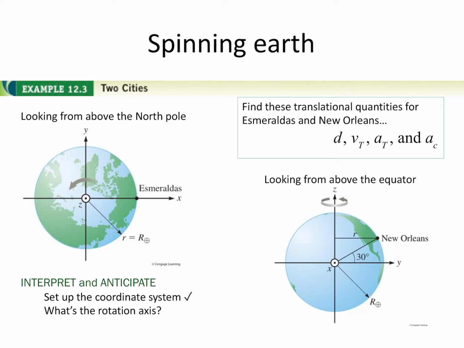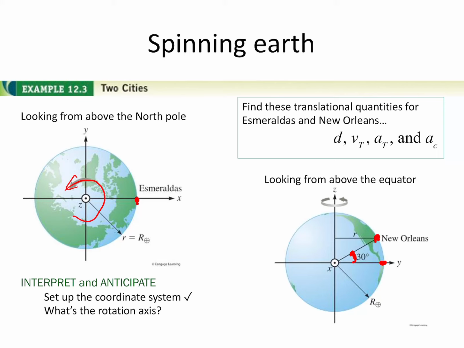Now let's do one example to relate rotational quantities to linear translational motion quantities. This is the Earth spinning if you look directly above the North Pole, and you have a city on the equator, and then we have New Orleans, which is roughly 30 degrees latitude from the equator.